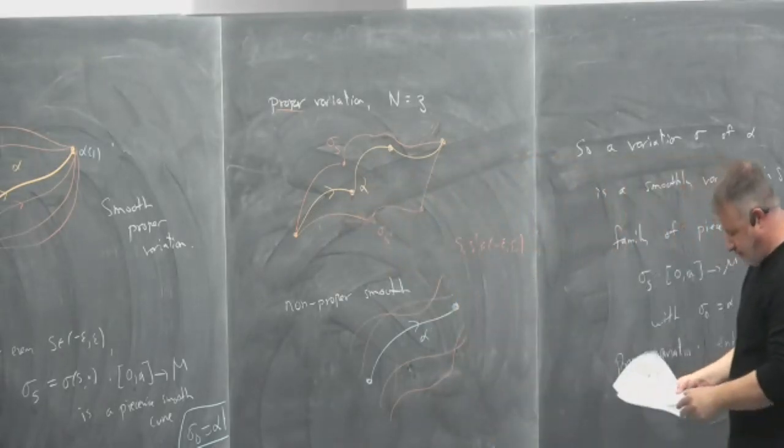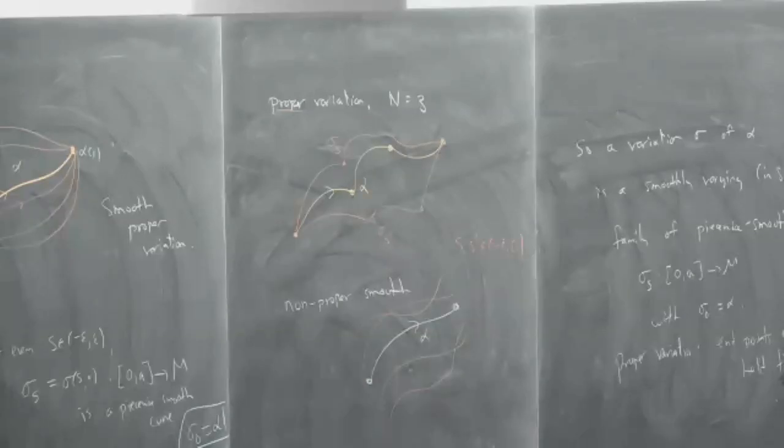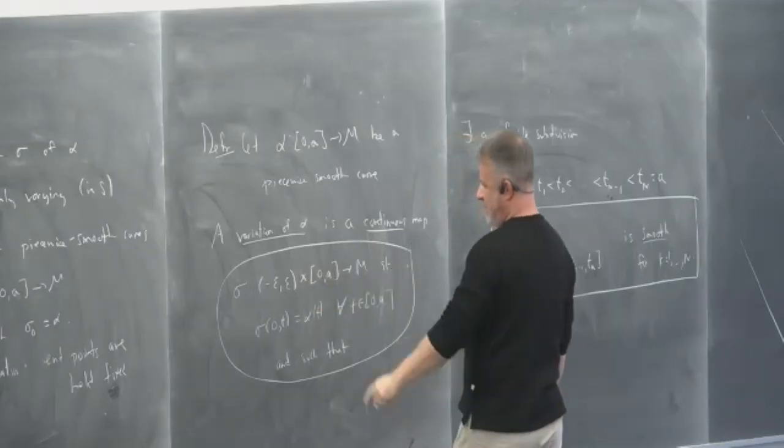Does that make sense? So it's continuous on the square, minus epsilon to epsilon cross 0 to a. Yes, that's right. It's continuous, but for each value of the first parameter, the result is piecewise smooth.